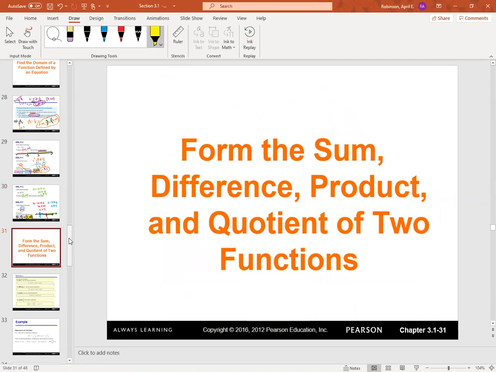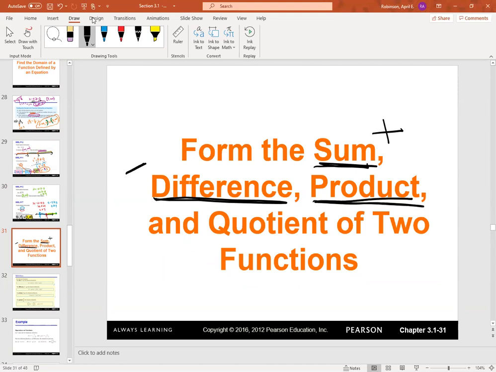And then the next objective was form the sum, difference, product, and quotient of 2 functions. Remember that a sum is what you get when you add. A difference is what you get when you subtract. A product is what you get when you multiply, and a quotient is what you get when you divide.